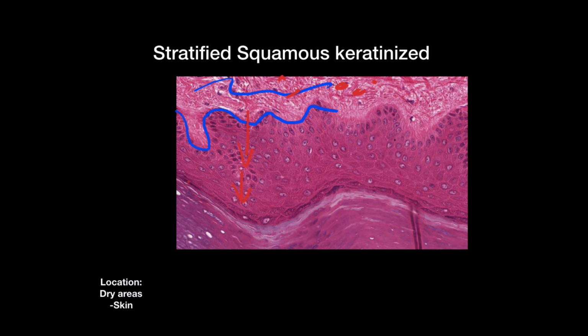When they get to the surface, these stratified squamous keratinized epithelium cells are going to be dead, and they're going to pile up with a lot of keratin in them. Again, that's mostly the reason why our skin is water resistant. And when you think of keratinized stratified squamous epithelia, think of dry areas like your skin. Alright, so that is stratified squamous keratinized epithelium.